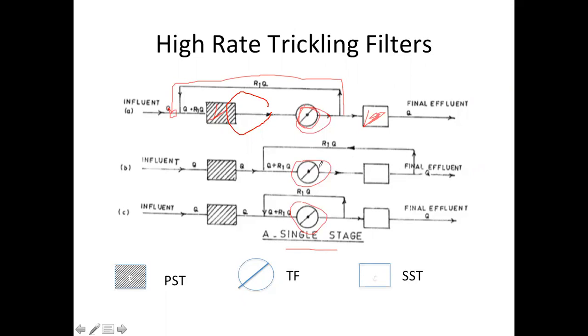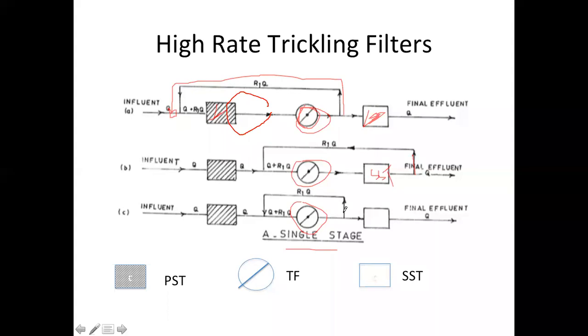In the second figure, it is clear that we are doing the recirculation after the secondary sedimentation tank. This is a secondary sedimentation tank, SST, and we can also call it a secondary clarifier. After the SST we can do the recirculation, here just before the trickling filter.